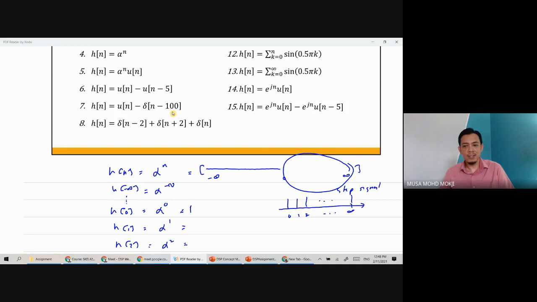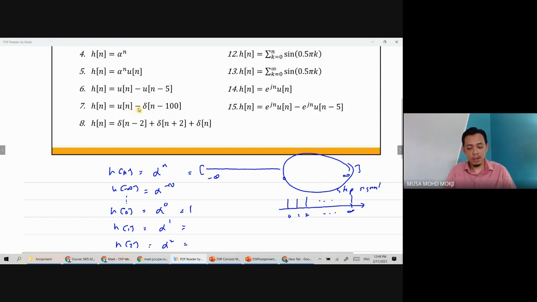Does any of you think that this is FIR? Un minus delta n minus 100. Yes, actually this is IIR, because un itself is IIR.